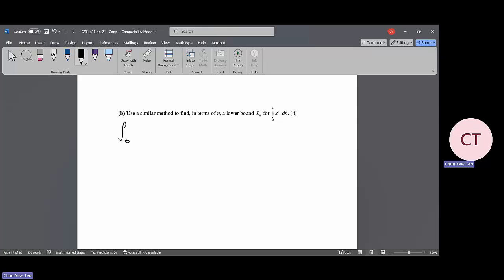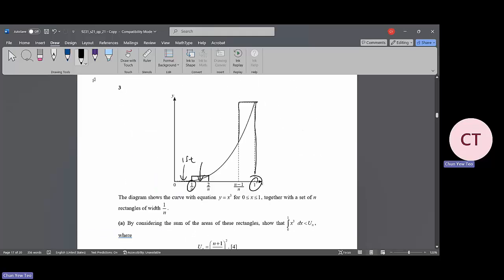So this time, your integration of x cubed will be greater than the area of the triangle. For the rectangles, the first rectangle, you must choose the lowest, then here, and then until here.